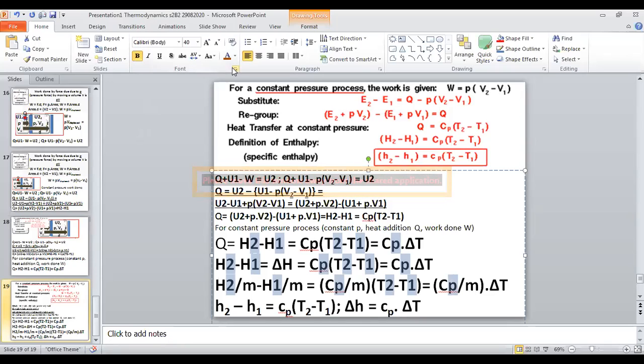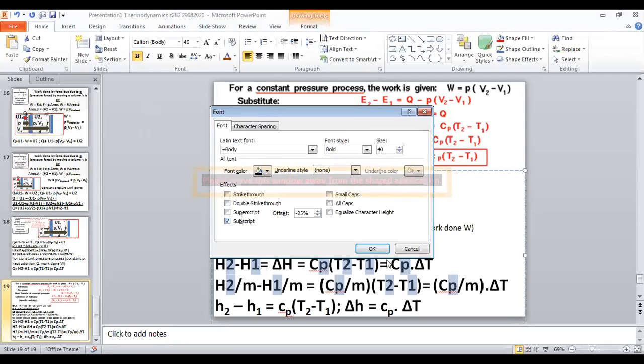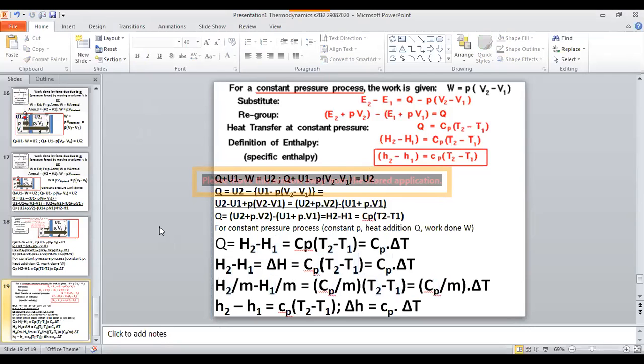See, now it is very nice. So this is what the NASA website also mentioned. So you have learned two terms now.